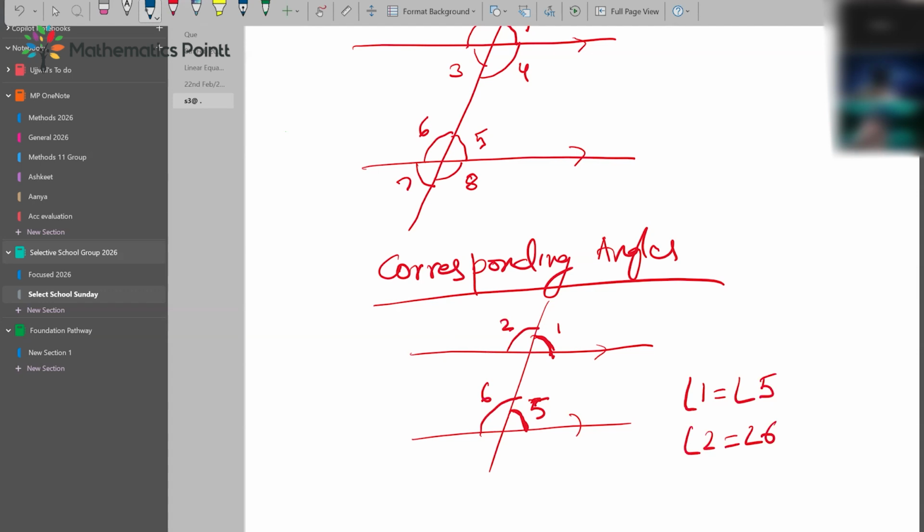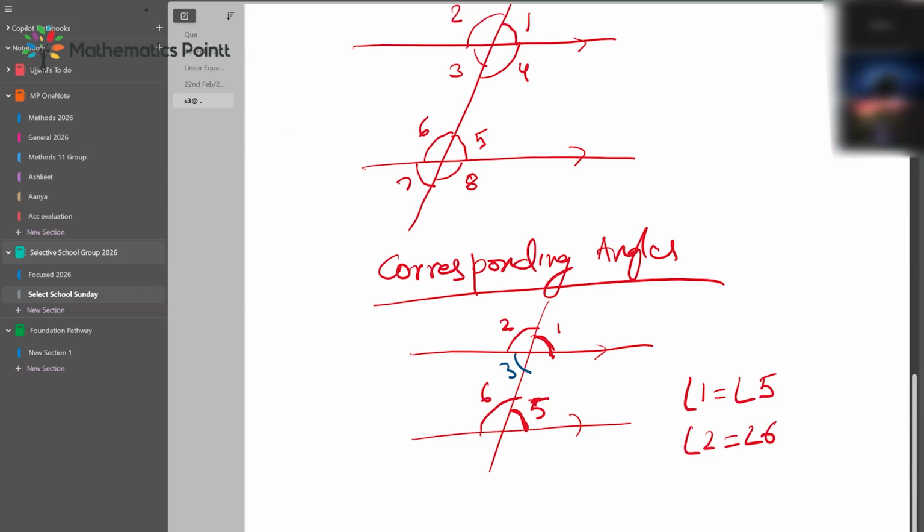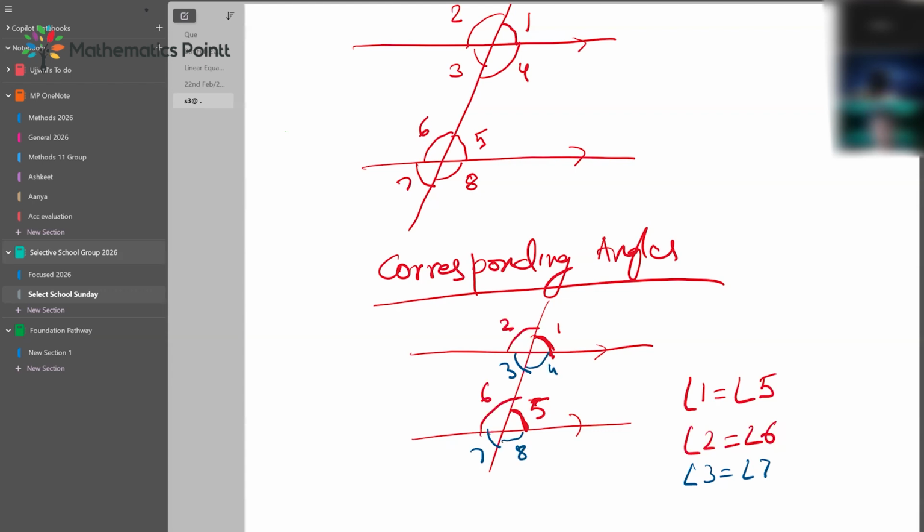Similarly, angle 3 and angle 7 are equal, corresponding angles again. And by now you've guessed it, angle 4 and angle 8 are equal. All good? All right, cool. Let's move forward.